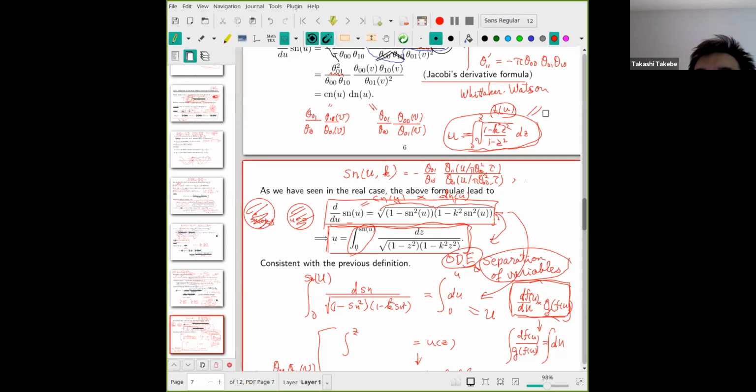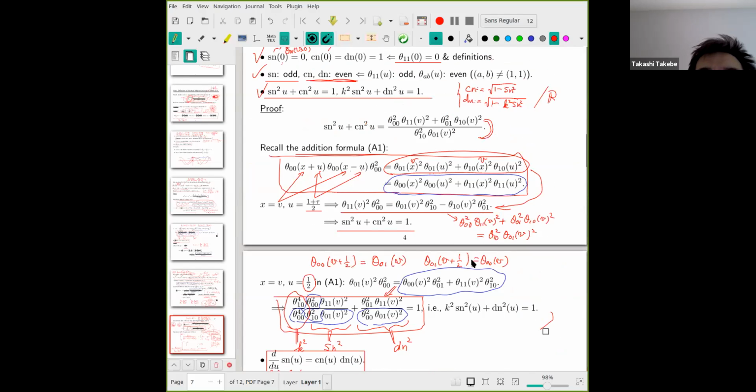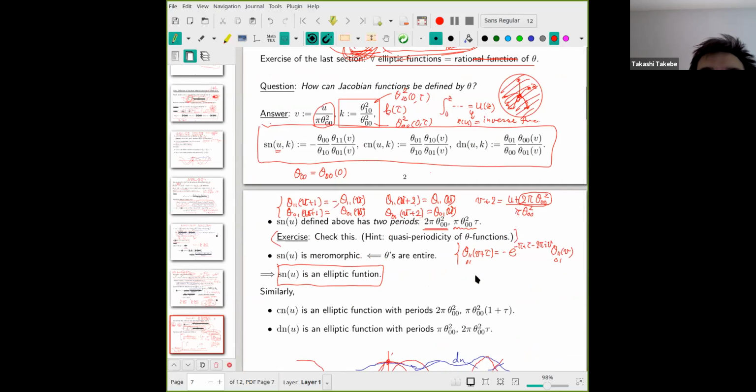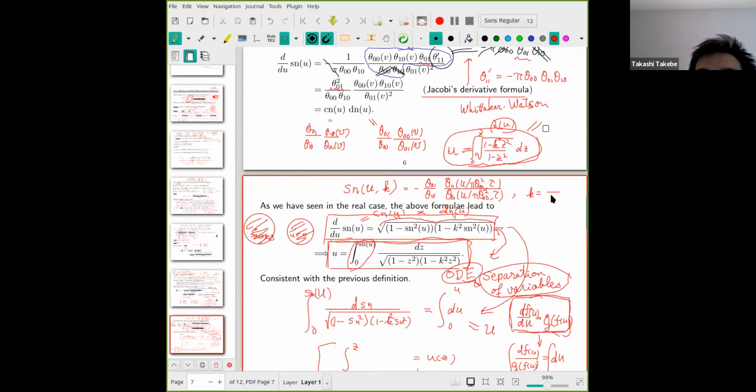And K is defined by this. So here, there is no K on the right-hand side.